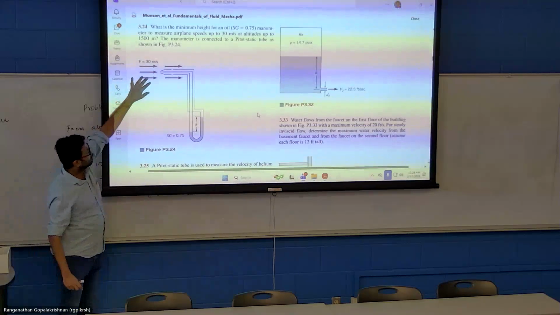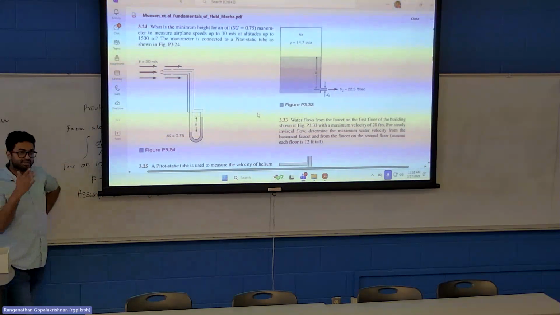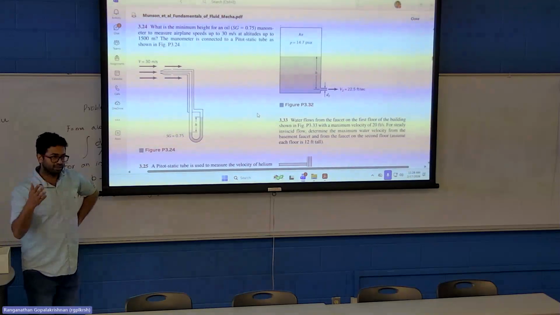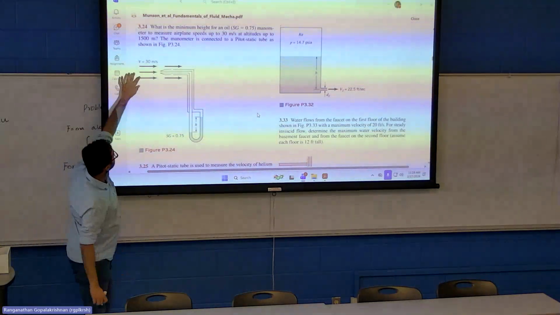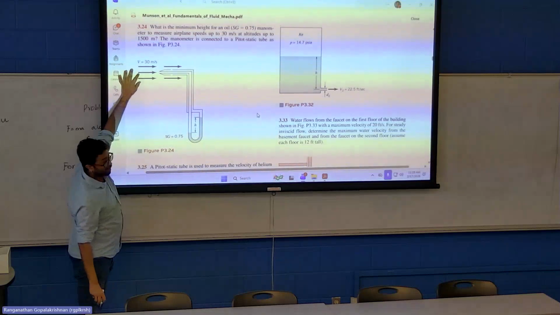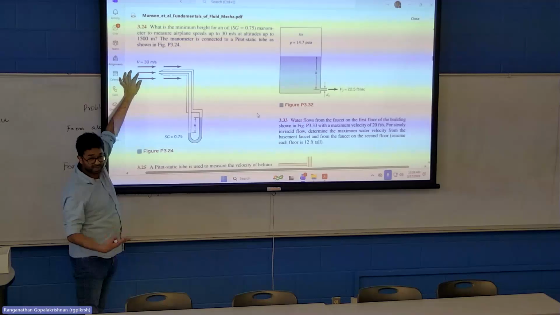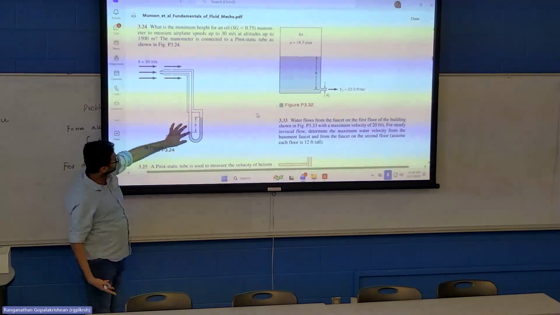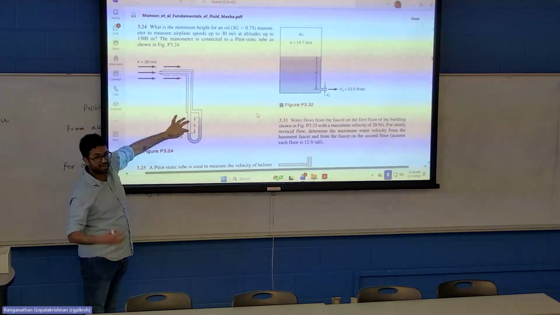Meaning, what did we learn about the Bernoulli equation? That it is P plus half rho v squared plus rho g z is equal to constant. So if you think of a point here, a streamline that is here with 30 meters per second velocity, and the same streamline terminates at this point, it is brought to rest.